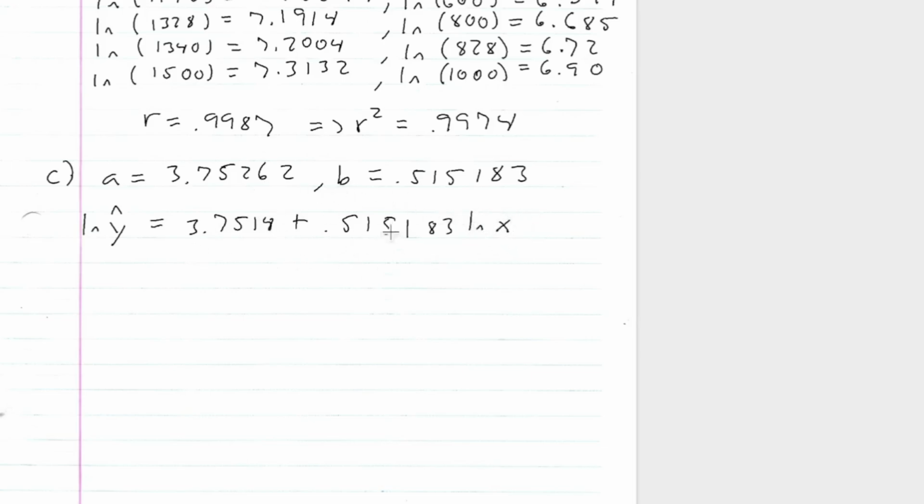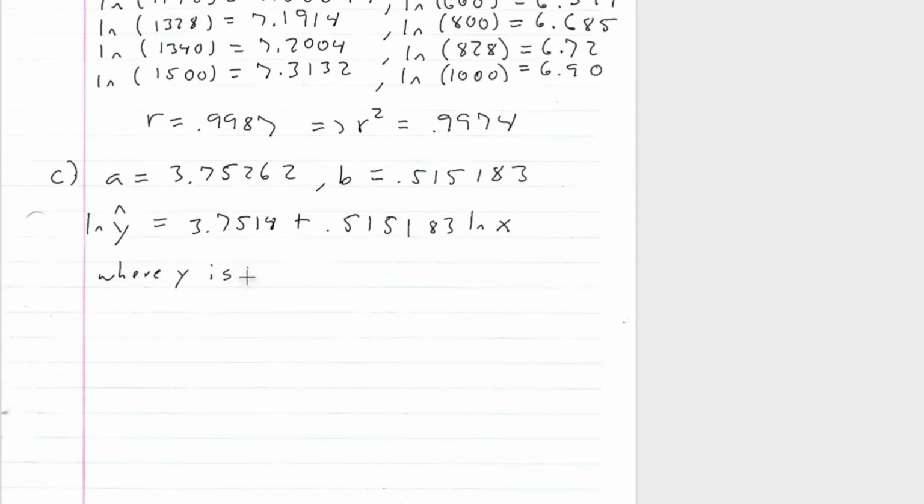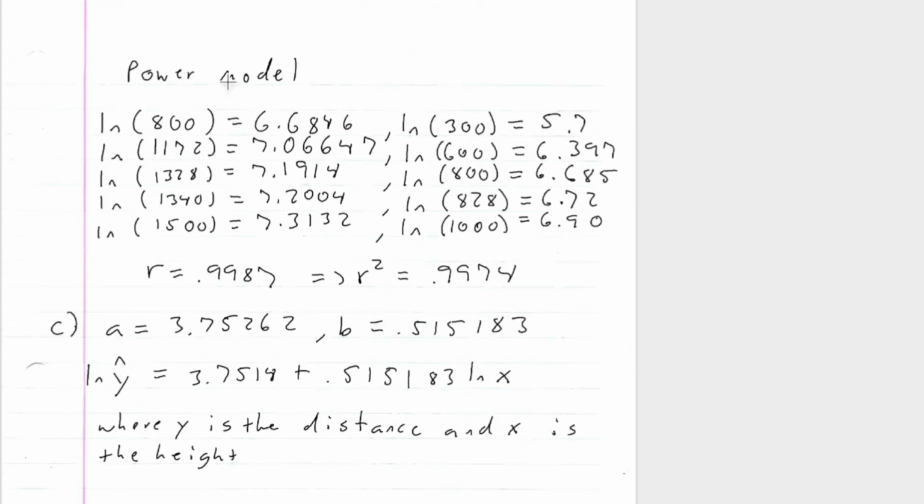Okay, so that's our regression line where, of course, y is the distance and x is the height. All right, so this is our approximate distance given our regression that we've constructed using the power model, right?